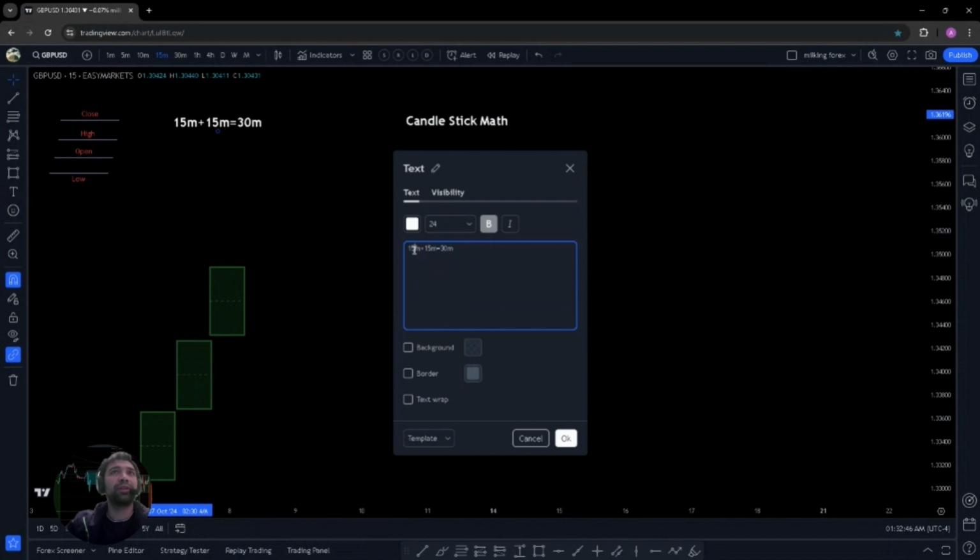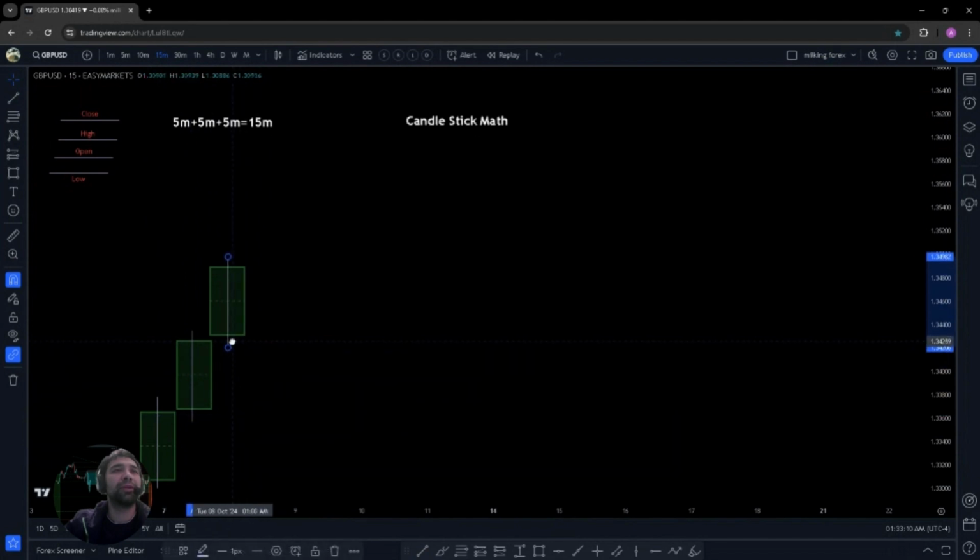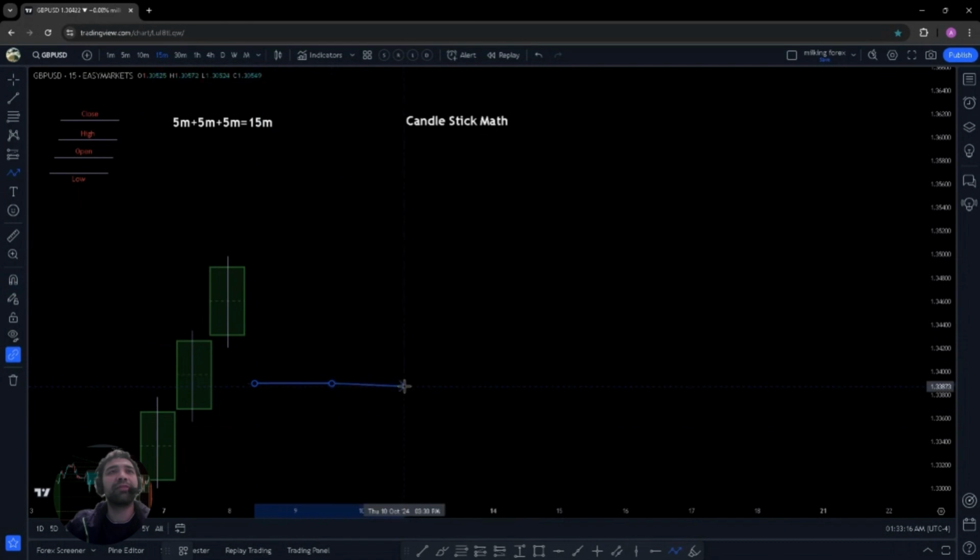The most important thing now is that each candle is a 5-minute time frame, right? Now this is equivalent to a 15-minute time frame, right? So these three 5-minute candles actually form what? A 15-minute time frame, right? So how would the candle look based on these 5-minute and 15-minute time frames? Can you guys guess?